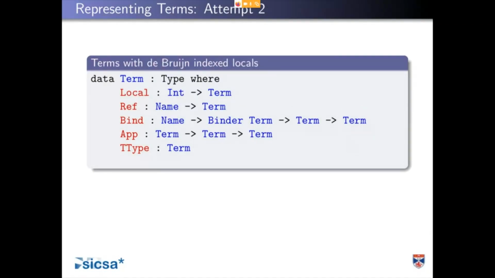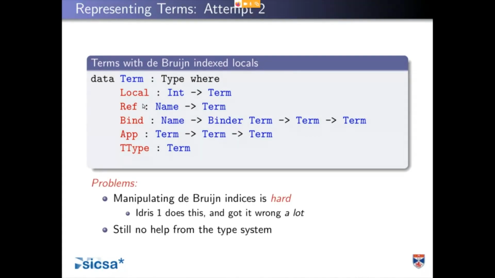So what Idris 1 did was something a bit more like this: have a distinction between local names and global names. Local for local variables, and ref for things that exist in references in the global context. So we know whether we're looking up a local variable or a global variable based on whether it's local or ref. So it's an improvement. There's still problems, which is that manipulating the de Bruijn indices is hard.